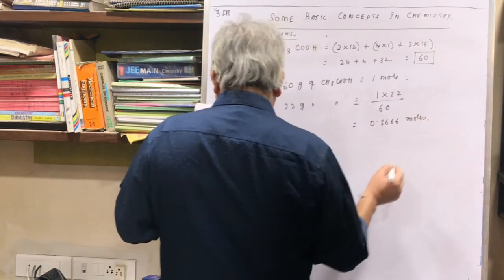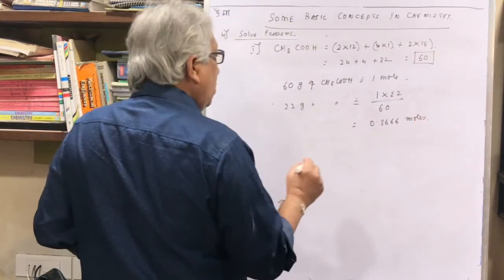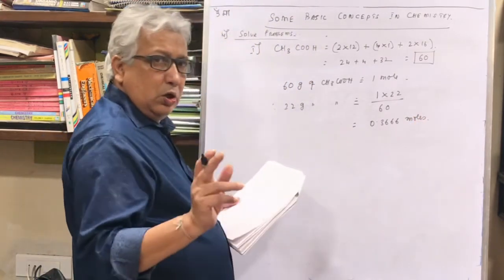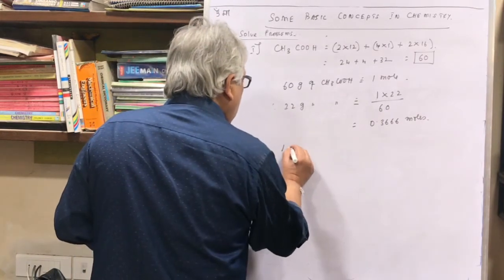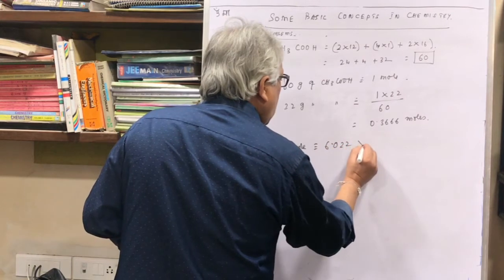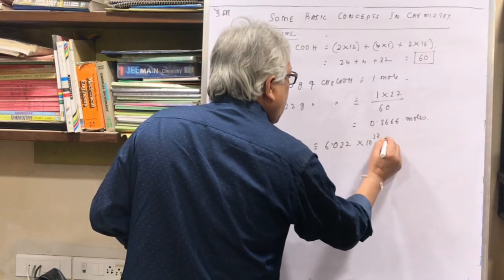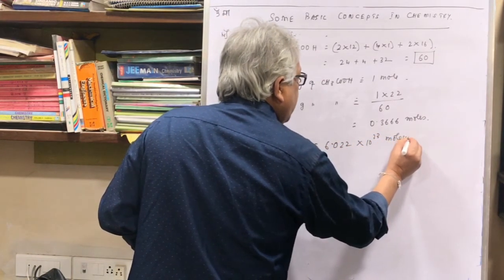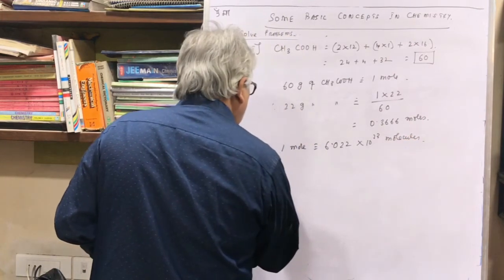Now the question they have asked me is how many molecules are there, correct? So 1 mole corresponds to 6.022 into 10 raised to 23 molecules.